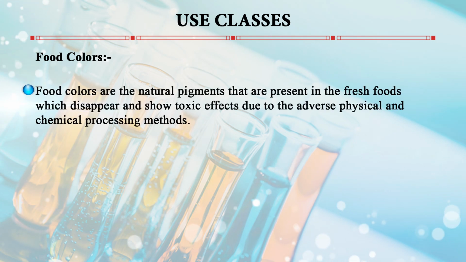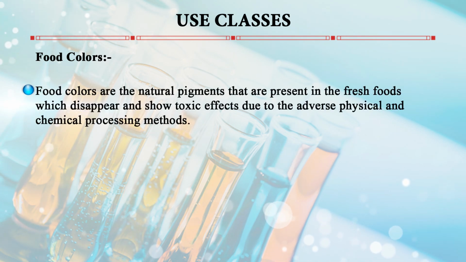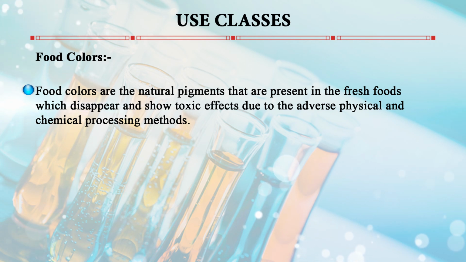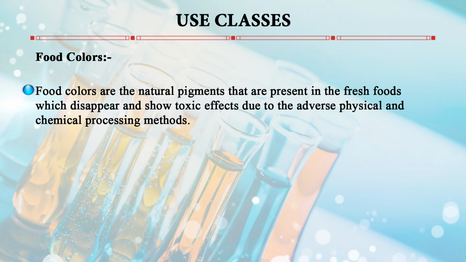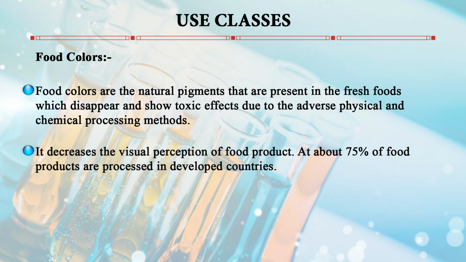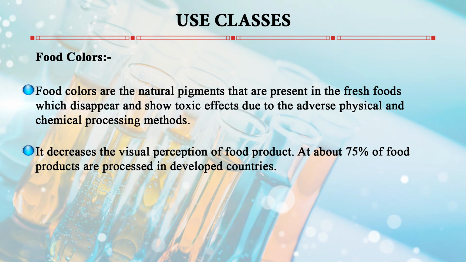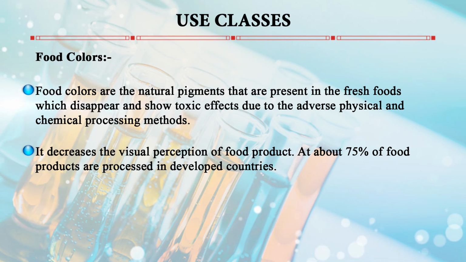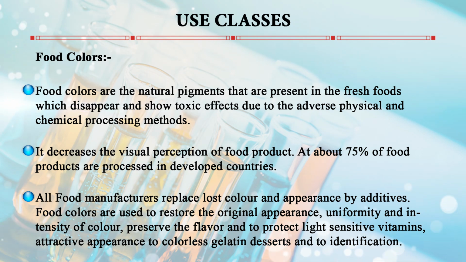Next, food colors. Sometimes natural pigments present in fresh foods disappear or show toxic effects due to adverse physical and chemical processing methods. It decreases the visual perception of the food product, and normally about 75% of food products are processed in developed countries. So all food manufacturers replace the lost color and appearance with additives.